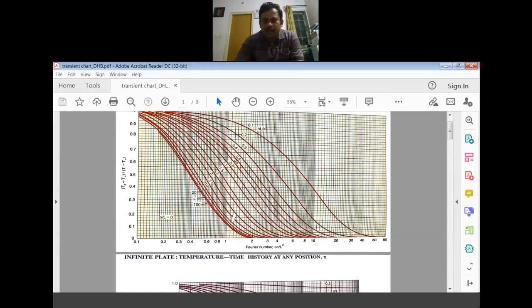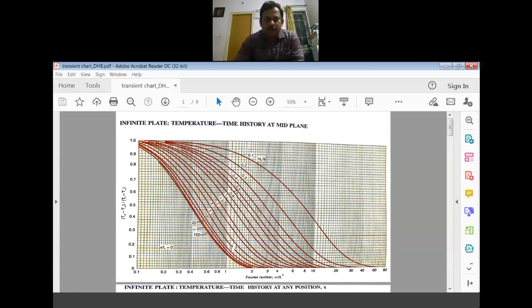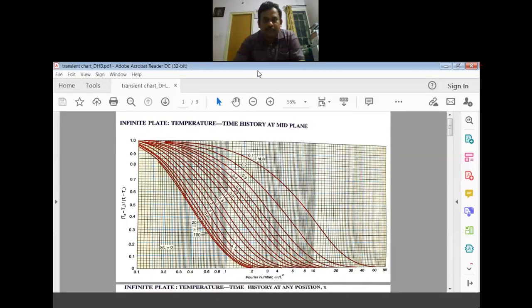In the given problem, they have given the Biot number 0.21 and the Fourier number 3.07.